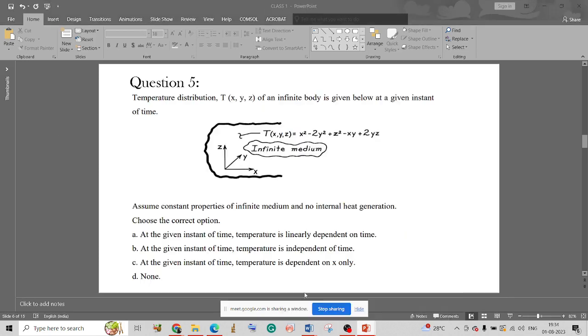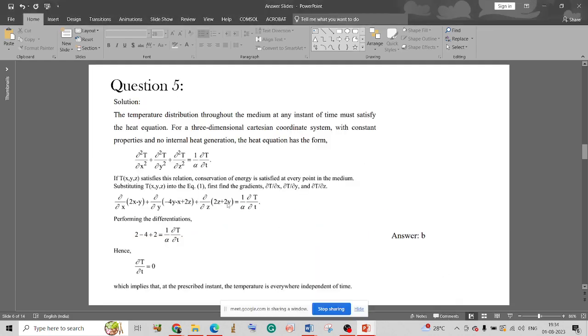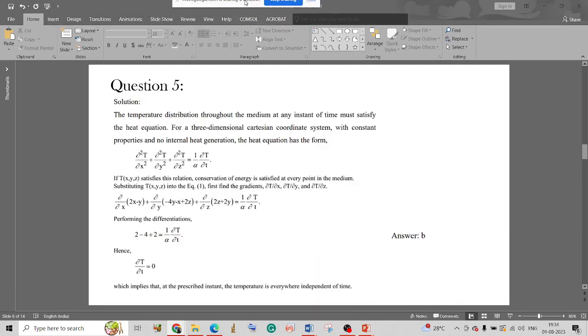In the question, T is given as x square minus 2y square plus z square minus xy plus 2yz. When we substitute this, del T by del x will be 2x minus y, del T by del y will be minus 4y minus x plus 2z, and del T by del z is 2z plus 2y.